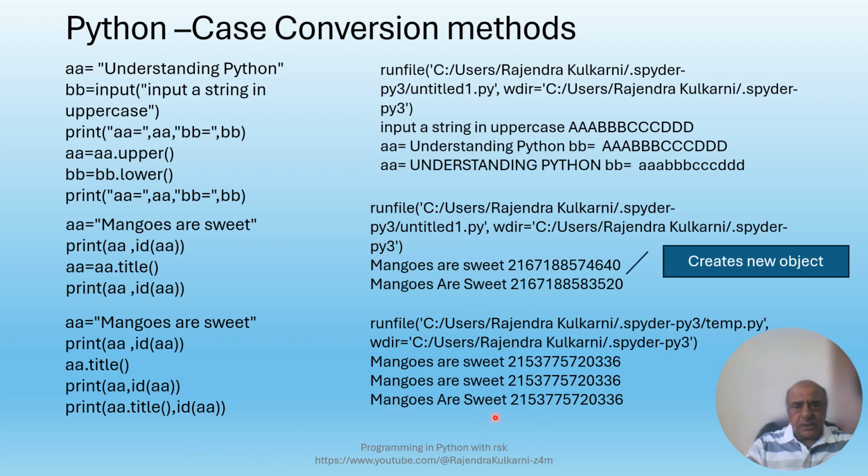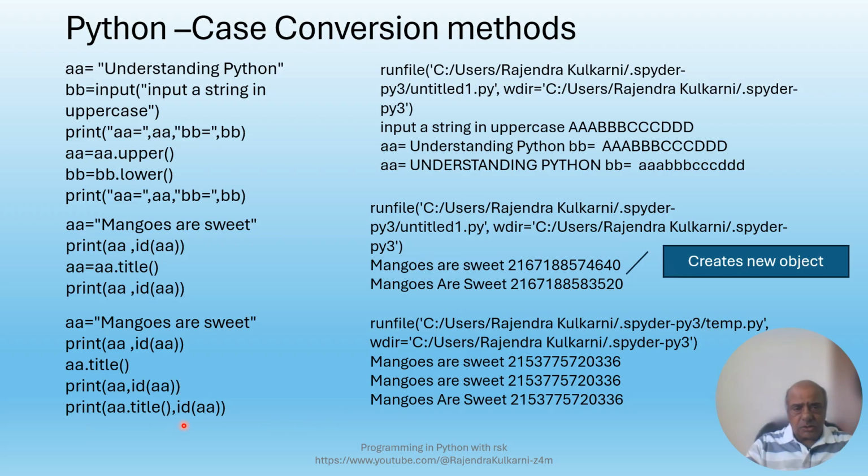Now what is happening here is Python is creating a new object in response to the method A.title, but since we are not using that object anywhere in our program, that object remains unnamed and only Python knows that object, and that object is used when we use print A.title.